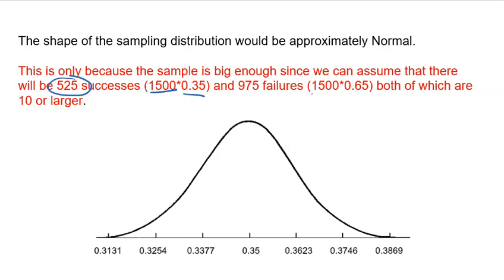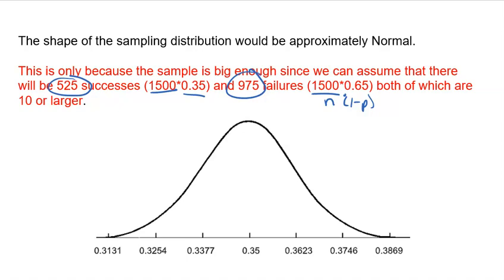And then I'm going to take 1,500, that's N, times the opposite of P, 1 minus P, 0.65, and I get 975. That means 975 kids do not live within 50 miles of their home. As long as both of those numbers are 10 or bigger, the normal model is safe to be used. If either one of those comes back under 10, honestly, guys, you shouldn't draw the normal model.